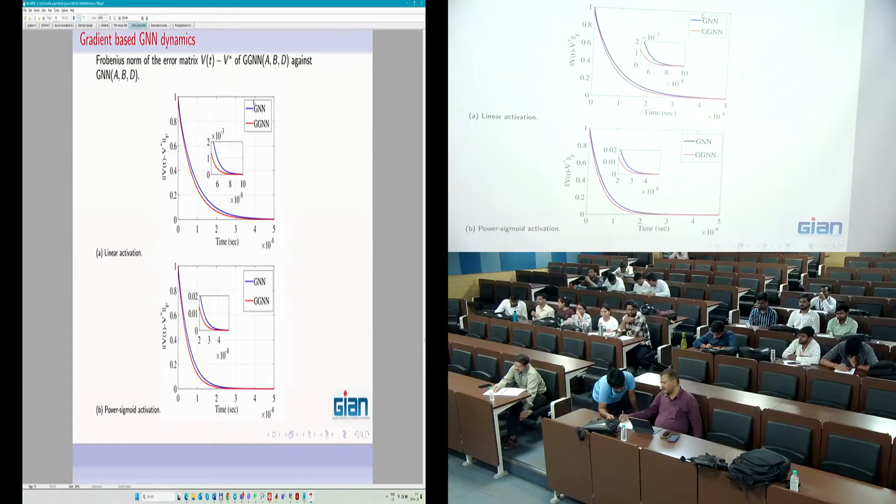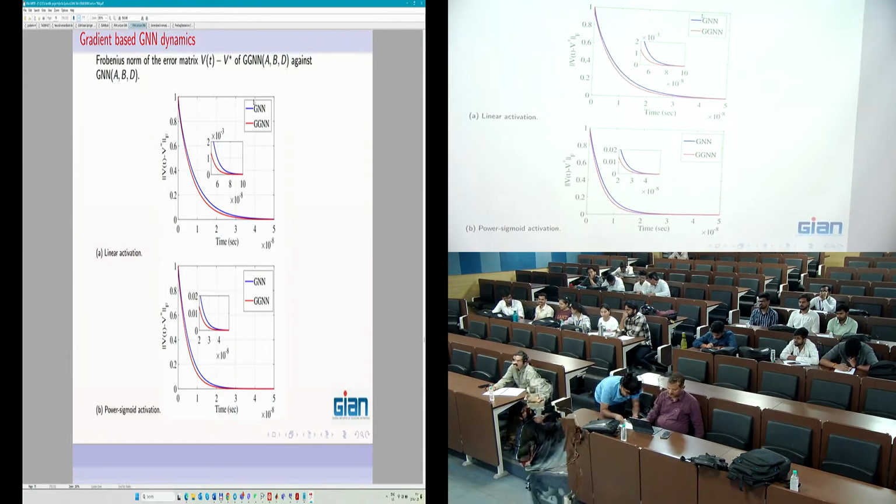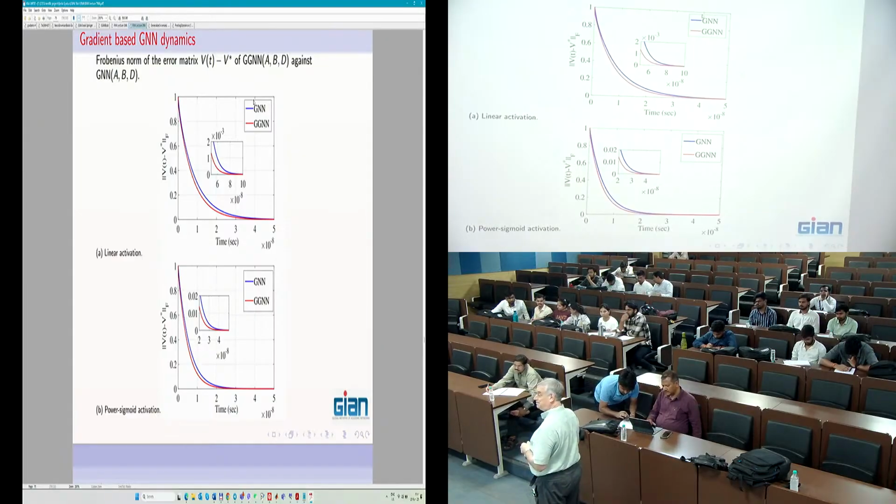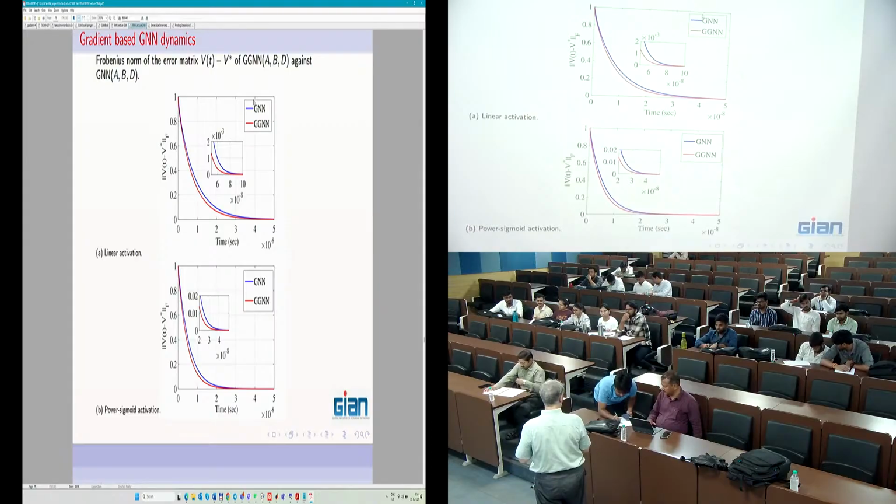Here is a picture corresponding to linear activation. Down is a picture for nonlinear activation. What can we expect?